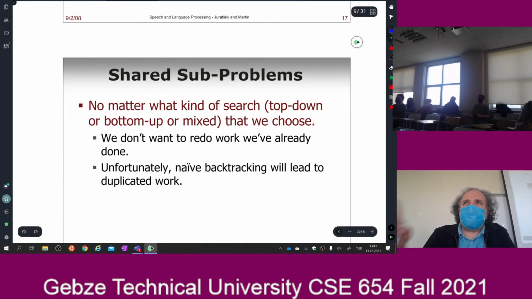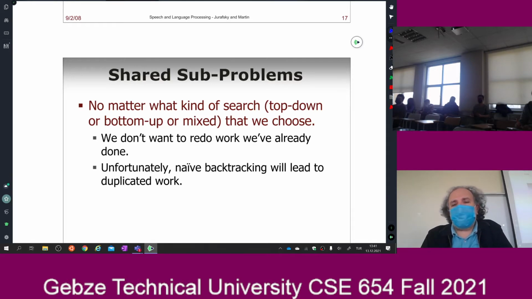So keep that subproblem solution information somewhere, and use it over and over again. That's what we do with dynamic programming. Remember the dynamic programming principle of optimality? You say that if you have an optimal path between two points, all the points that you go through in your optimal path have to be part of the optimal solution.